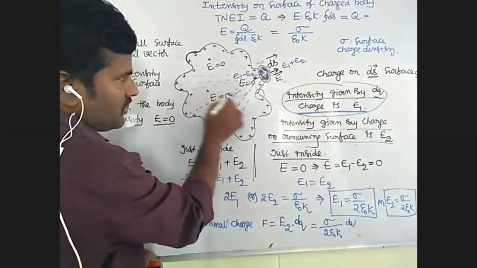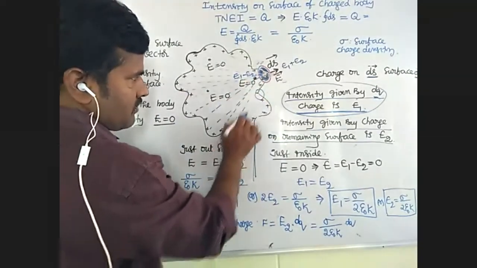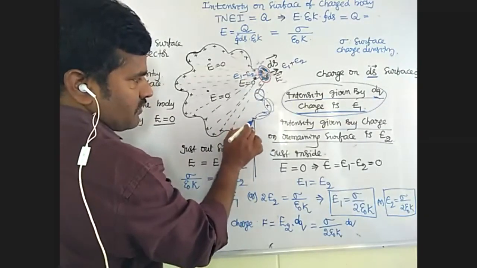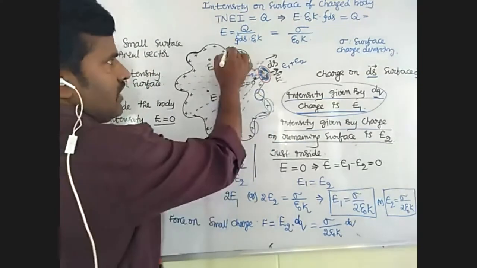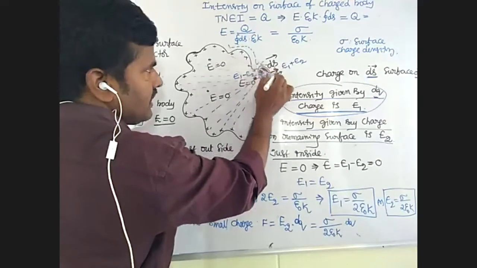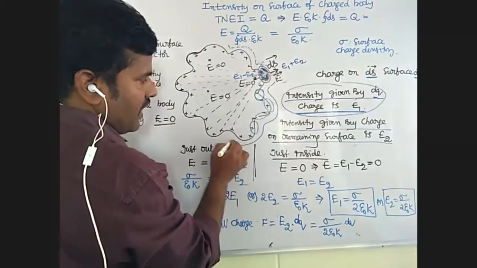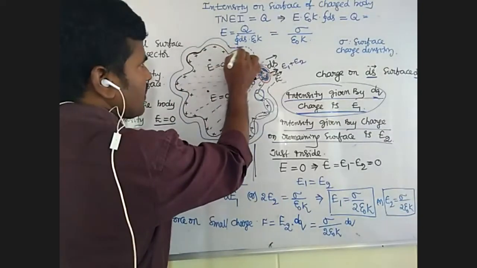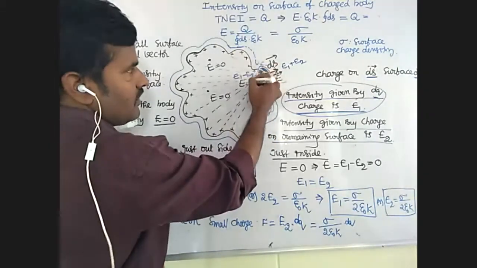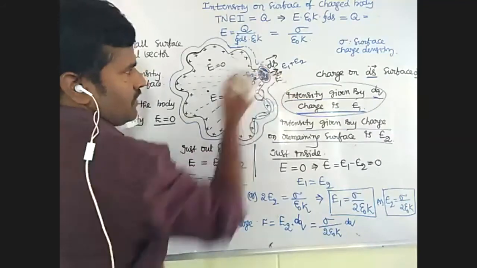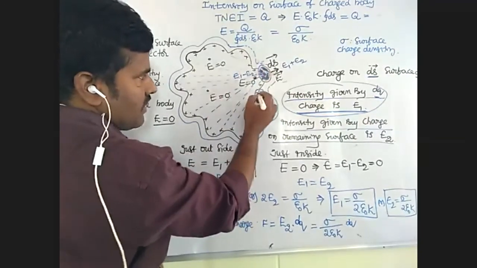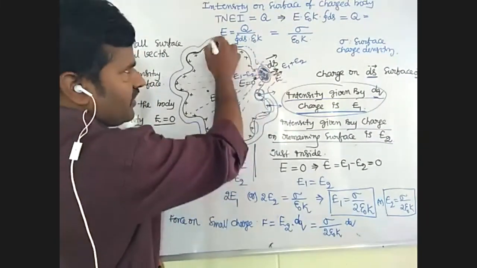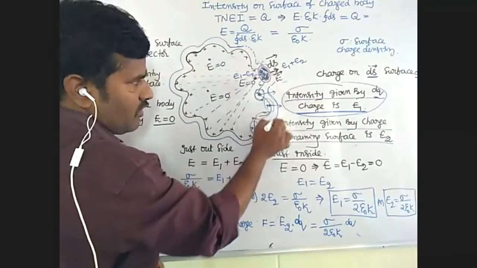This charge repelled, this charge repelled, so every position has force acting. Then the size of the body increases. Why, when charge is given, does the body expand? Because these charges apply force on this place, and the remaining charges also apply force on this place. So at every position the force is acting and the size of the body increases.